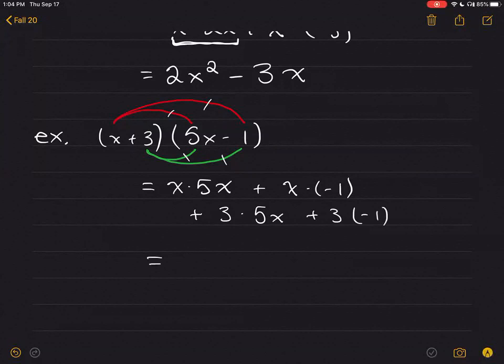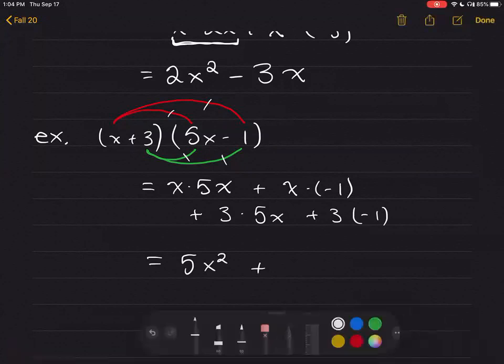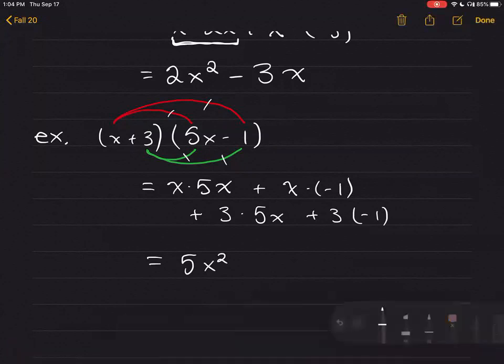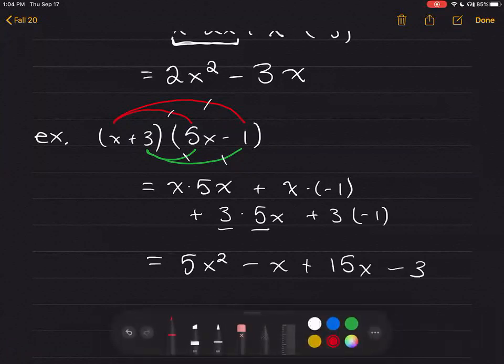And then if we simplify a bit, we get 5x squared, not plus, sorry. It's a negative 1, so it's a minus x plus, and then 3 times 5, that's 15x, and then negative 3. And then the last step, of course, we have to combine like terms. There's only one x squared term.